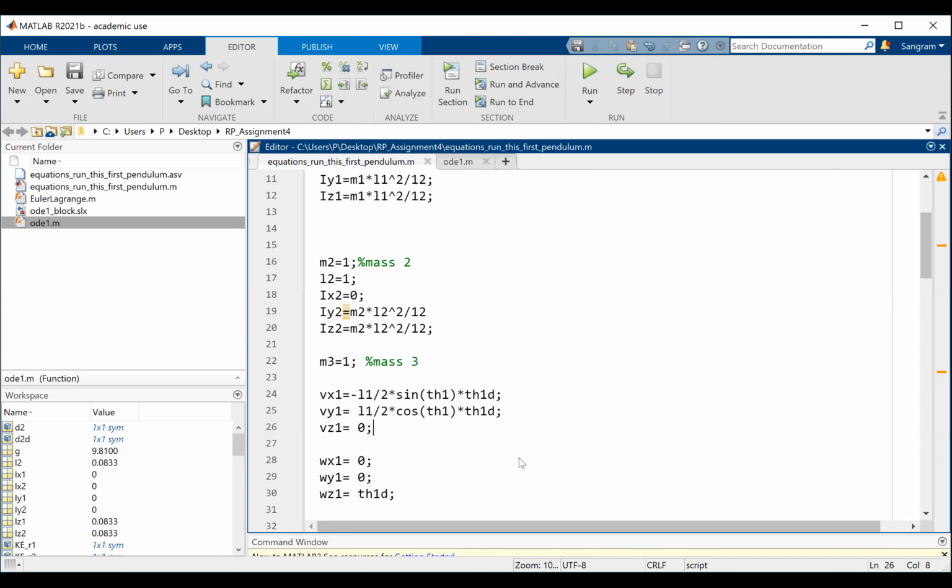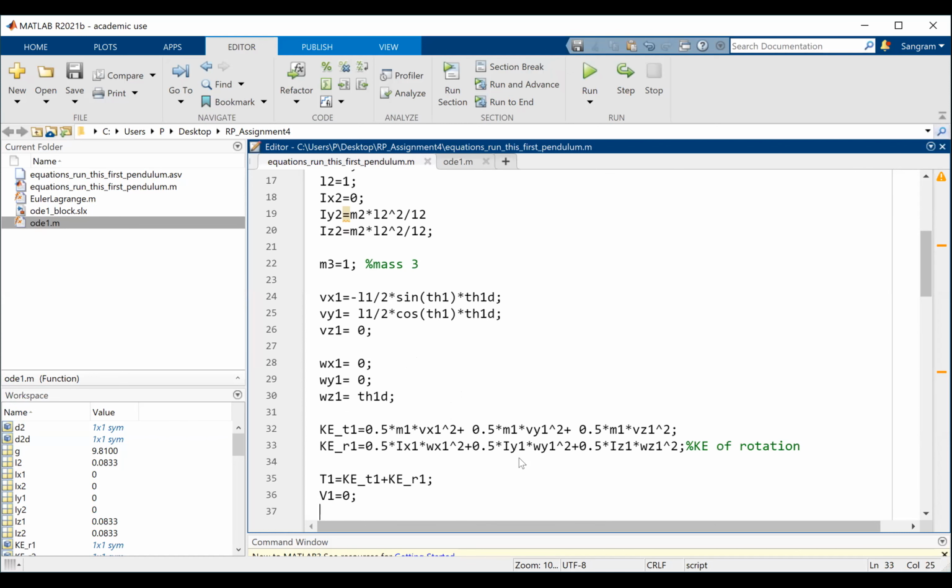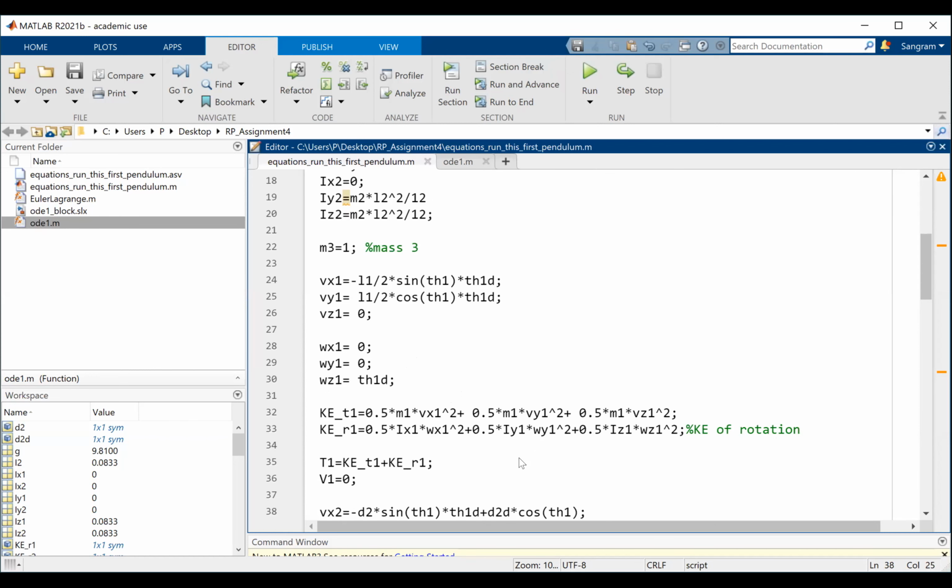Next, I have to program the kinetic energy of translation for the first mass. Kinetic energy for translation for the first mass is 0.5 m1x vx1 square.